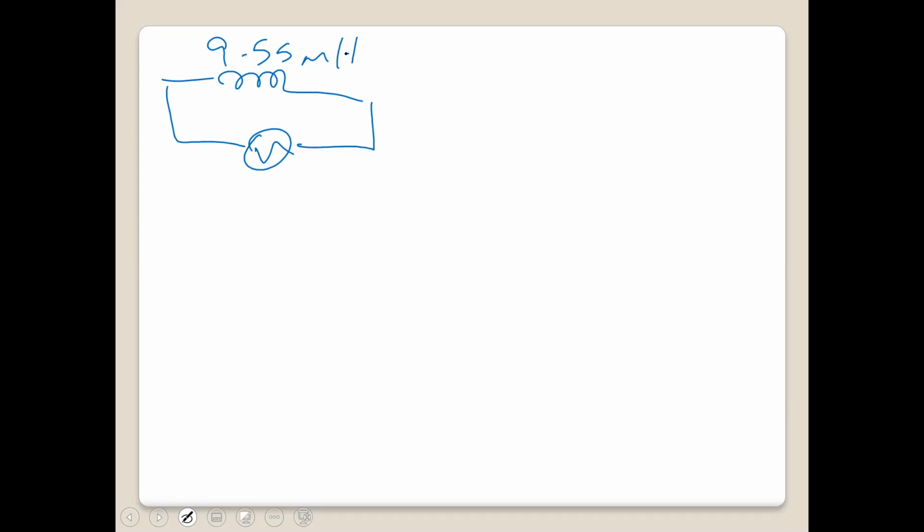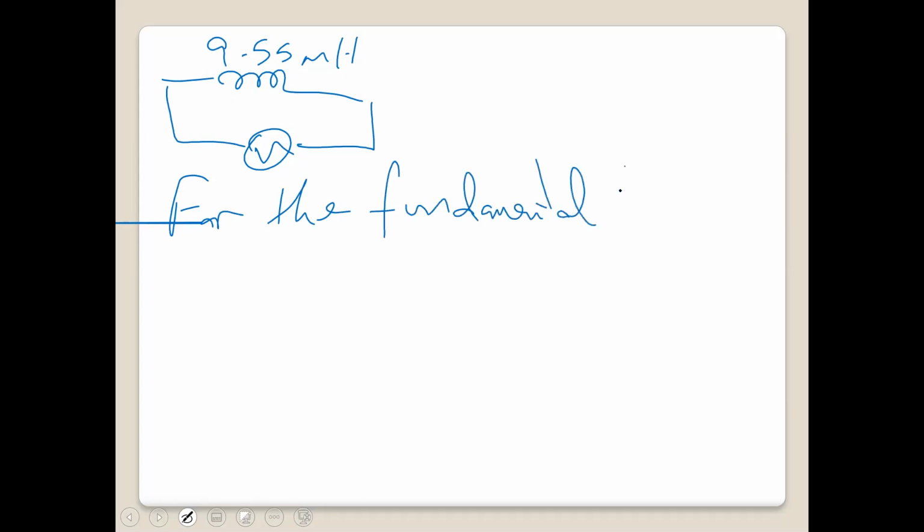So for the fundamental, just remember you need to take each component. XL is equal to 3. So what would the corresponding current be?